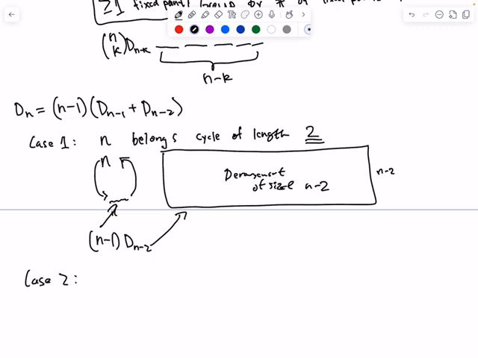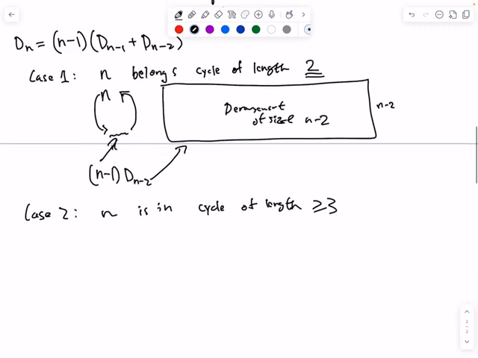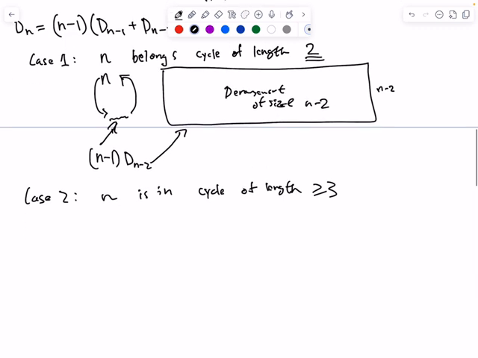And then the second case is n is in a cycle of length at least 3. This one is a bit more tricky. What we're going to do is start with an arbitrary derangement of n minus 1.